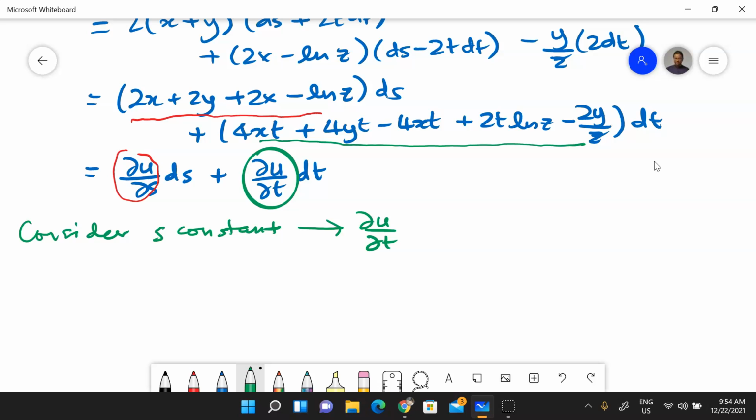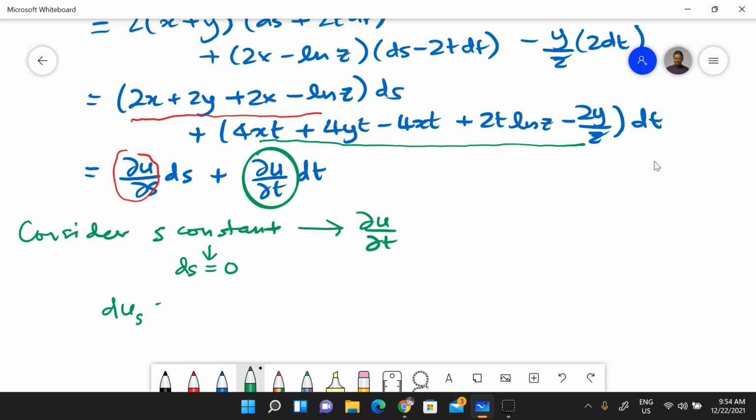So what do you do? I already have the total differential for you in the book. If s is constant, I just simply ignore this term, which becomes ds equals 0. So I already have du, and to say that s is constant, normally this is given a subscript s to say that s is kept constant.